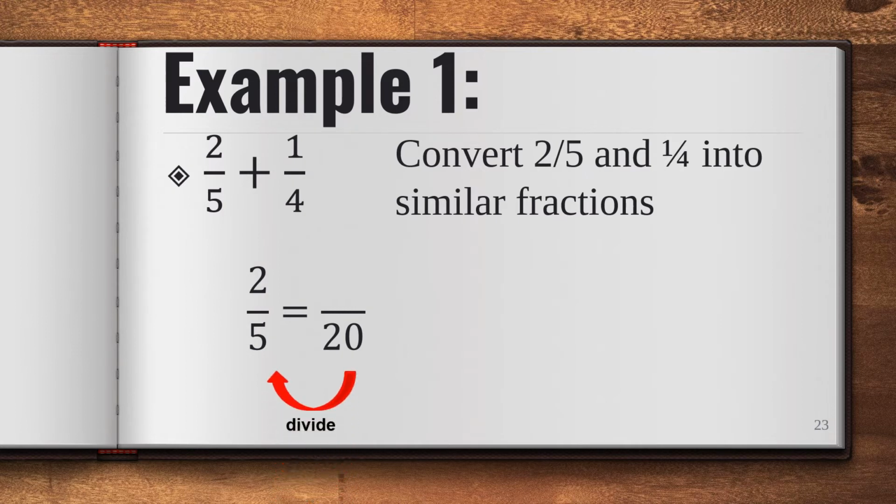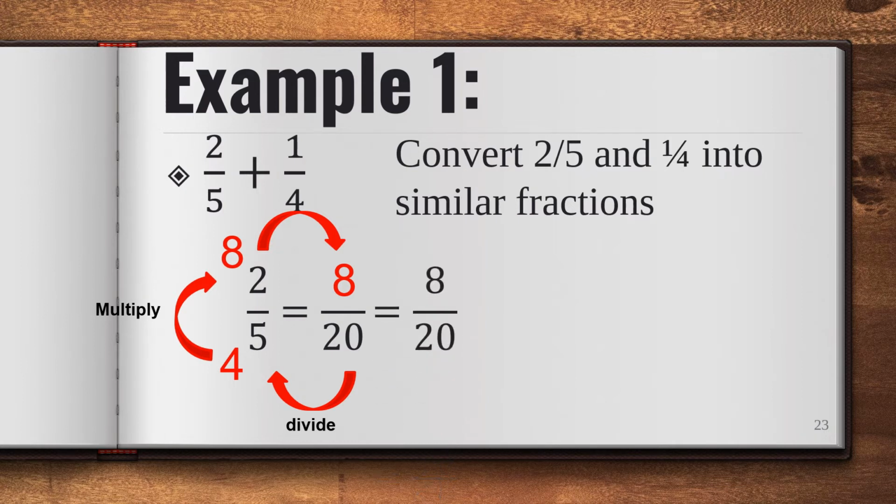After doing that, we divide the two denominators, 20 and 5. 20 divided by 5, the answer is 4. After getting the quotient, you multiply the quotient to the numerator. So 4 times 2 is 8. That will now be the new numerator of our equivalent fraction. So the equivalent fraction of 2/5 is 8 over 20.